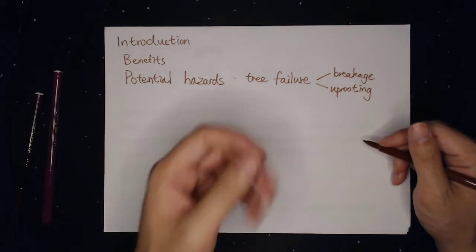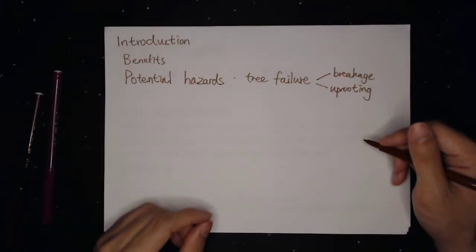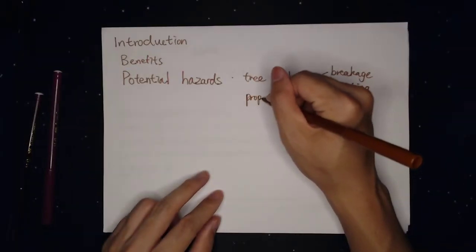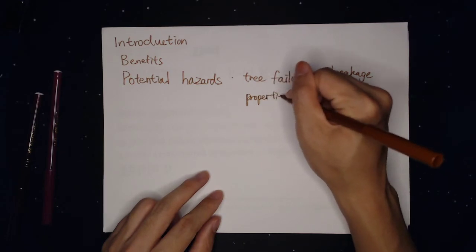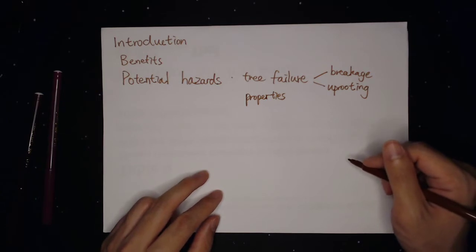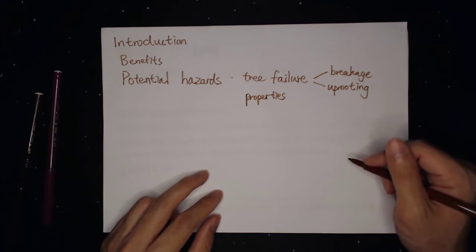But for trees that fail, if a tree fell in the country park, we can leave that aside. We can pay no attention to them. But if it fails in the urban area, then our properties may be damaged. What are our properties? Things like vehicles, things like bus stops, power cables, all those are possible targets of tree failure.